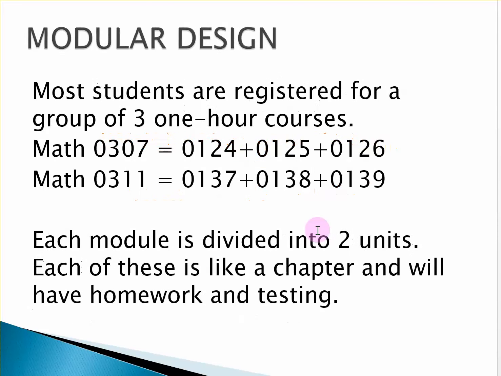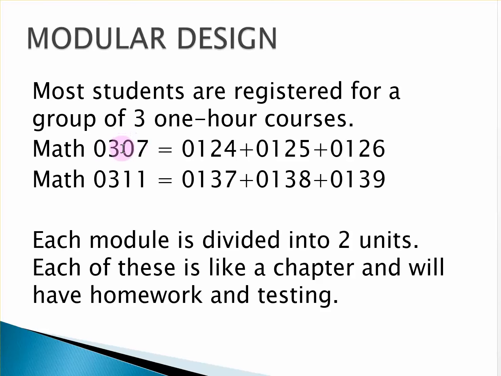CAI is in a modular design. Most students are registered for a group of 3 one-hour courses. You might be registered for 124, 125, and 126. They make up elementary algebra, which in a face-to-face or online setting is called Math 307.